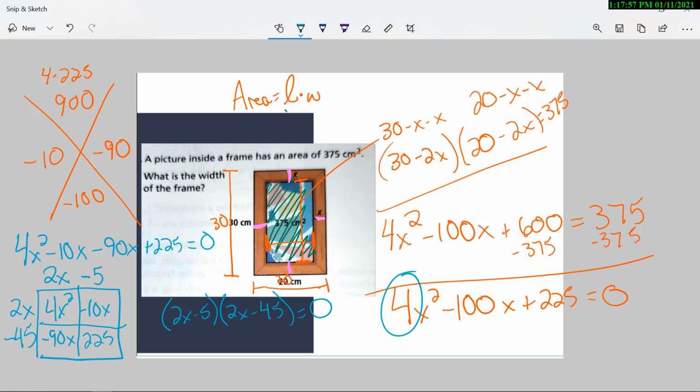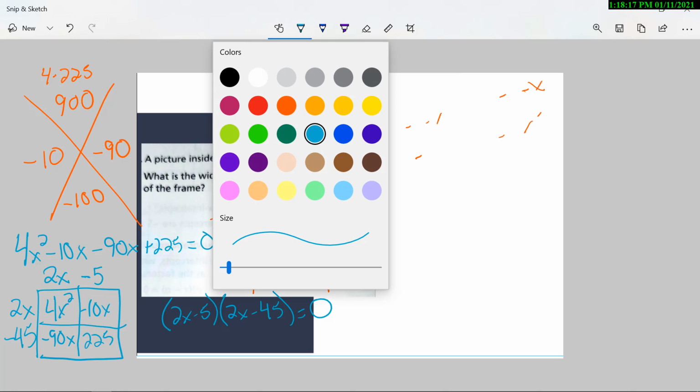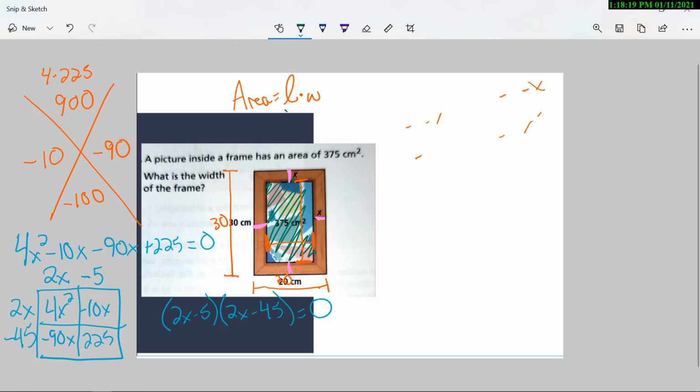So now we're going to set each factor equal to 0 and solve for x. But before we do that, we need to clear this up so I can actually write it somewhere. All right, that's enough room. Let's get a good color, the best color, green. If you don't think so, you're wrong.